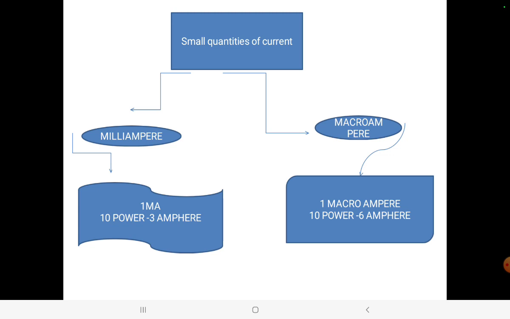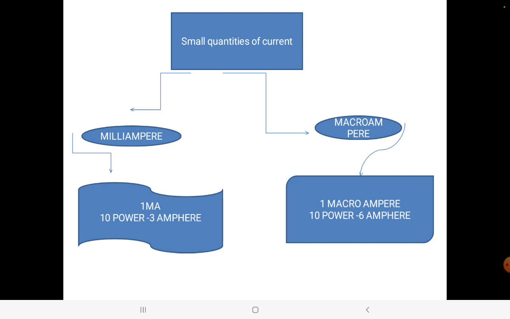Next, there are also small quantities of current. The small quantities are milliampere and microampere. A milliampere is represented as 1 mA, that is 10 power minus 3 amperes, and a microampere is 10 power minus 6 amperes.